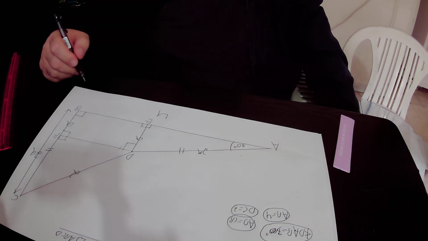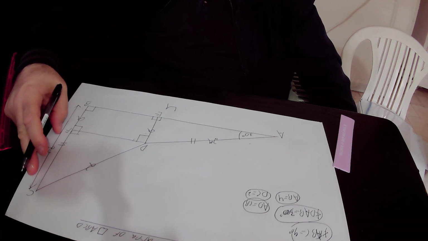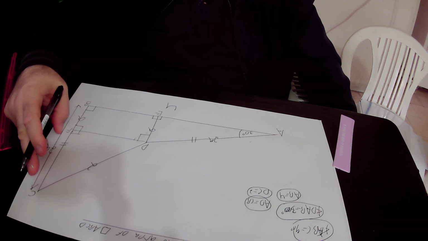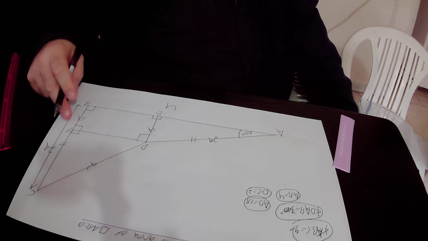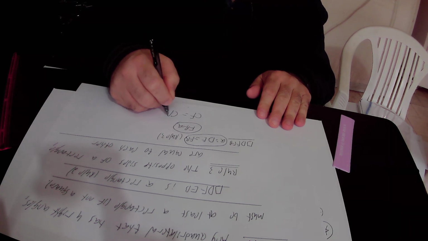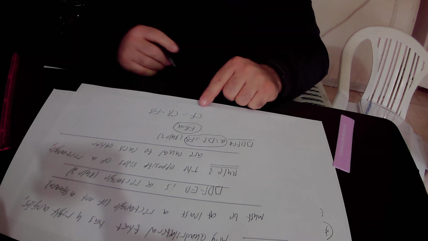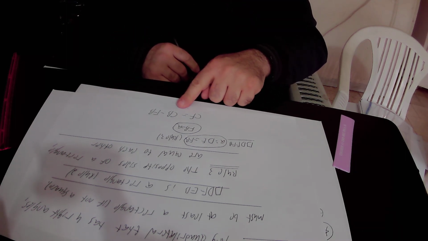And what is the value of CF? From the drawing you can see easily that CF equals CB minus FB. I repeat again, CF equals CB minus FB.